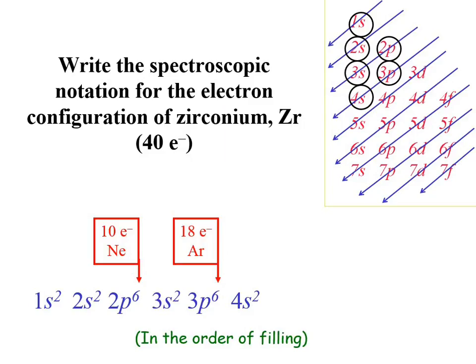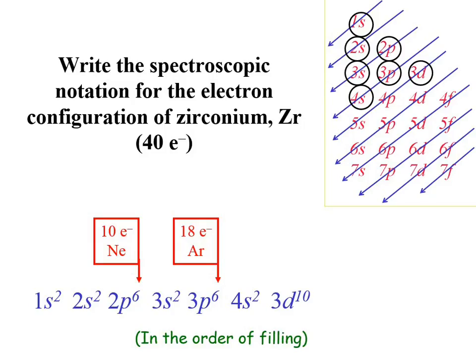Now this is where it's helpful, because where am I going to go next? I'm going to go to the 3d. How many electrons can I put in any d-type subshell? 10. And do I want 10? Yes, because I'm at 20 now. So I'm going to do 3d10 to bring me up to 30.